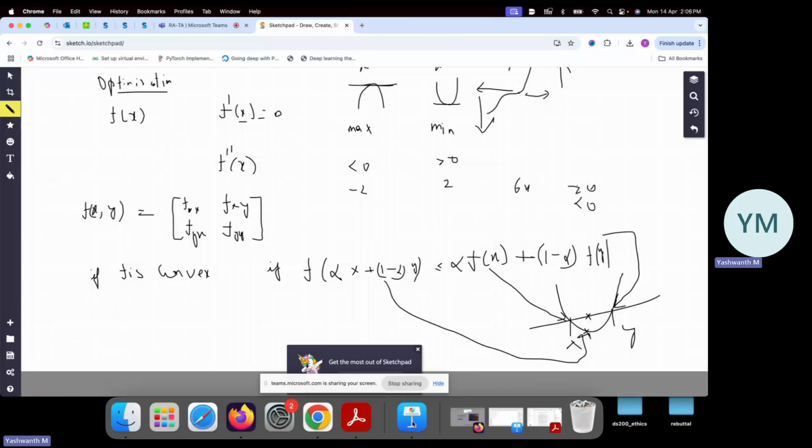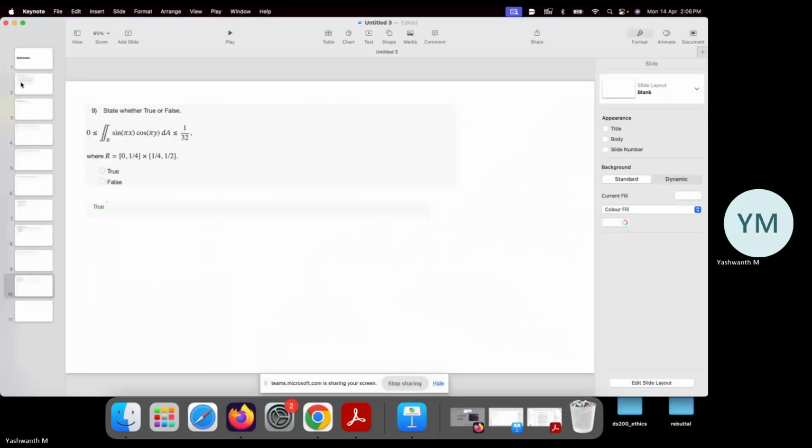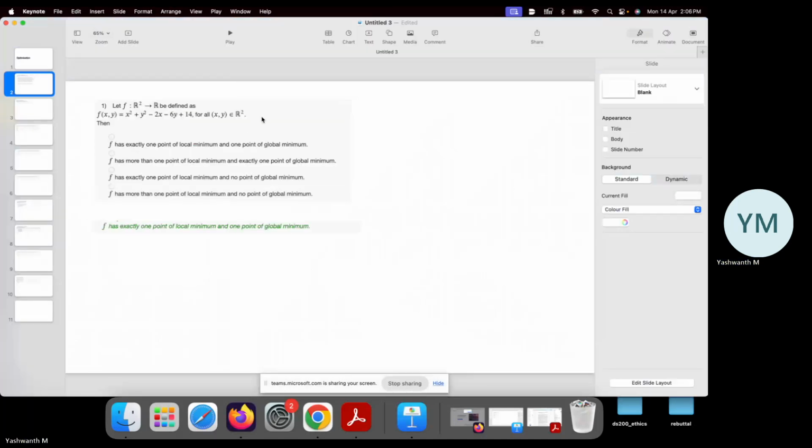So let's solve some questions. The question is: f of x comma y equals x squared plus y squared minus 2x minus 6y plus 14.